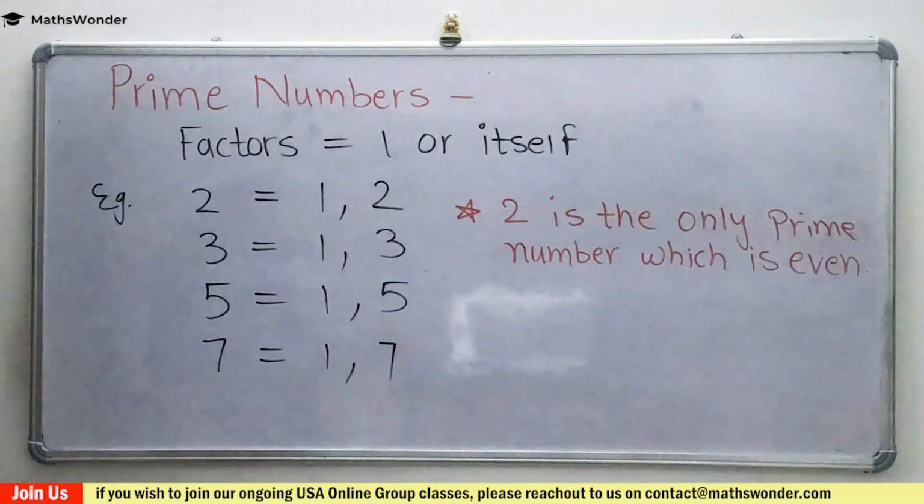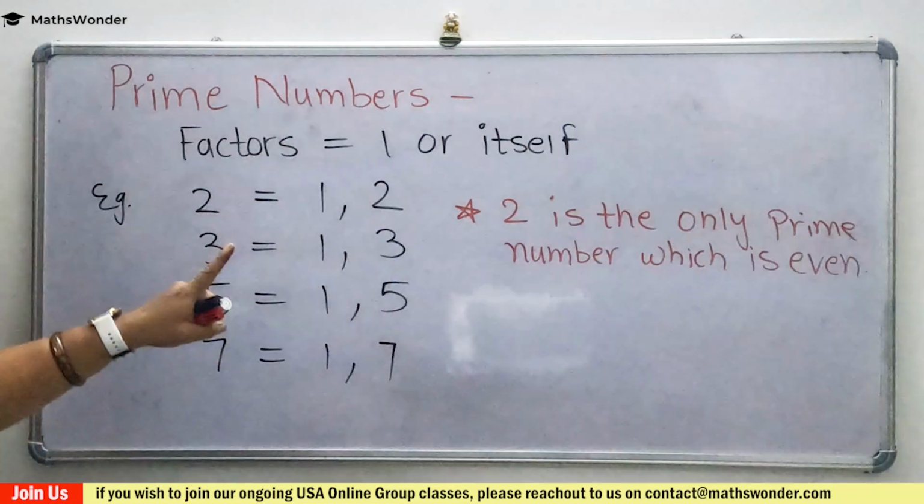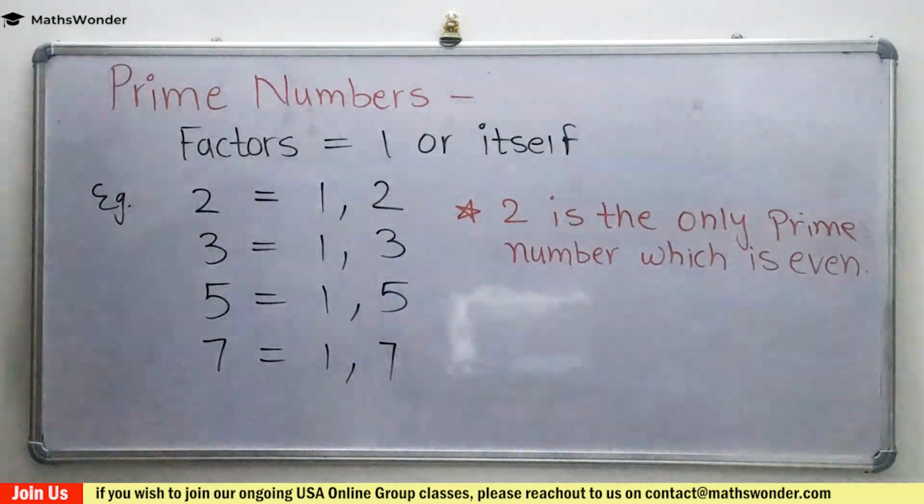Other than 2, whenever you notice all the prime numbers, you will get odd prime numbers, except 2. This is very important. 2 is the only even prime number. And 2 is the smallest prime number also.